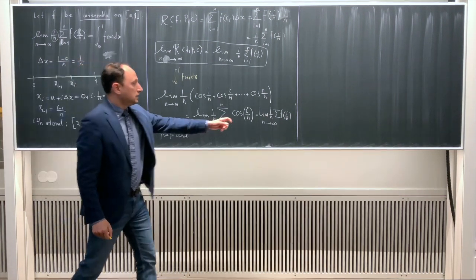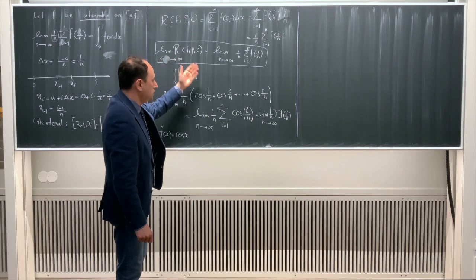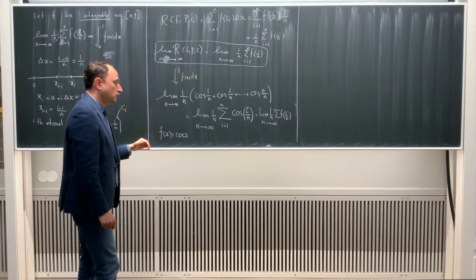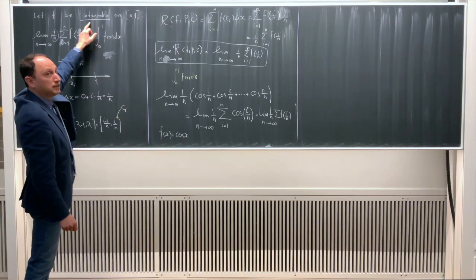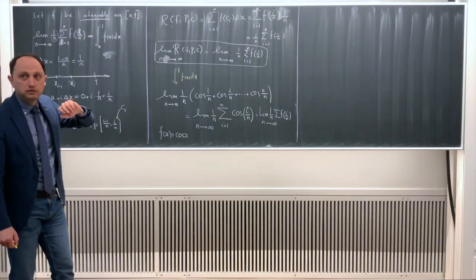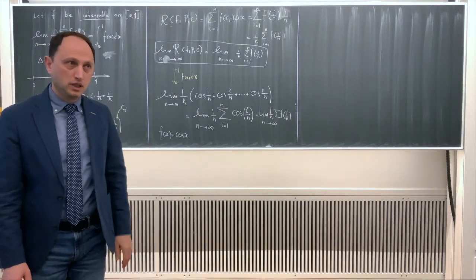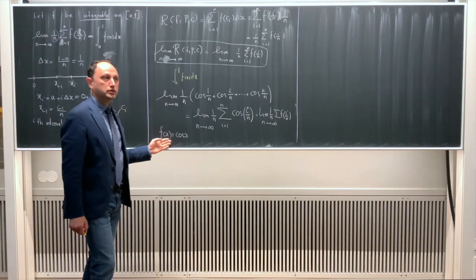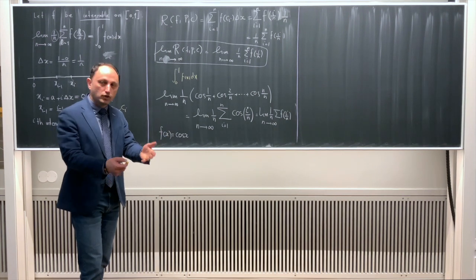And now you need to use this formula. But before using the formula, you have to motivate why you can use it. You have to motivate that the function is integrable, and the main tool in your hand is continuity. So is this function continuous on 0 and 1? The answer is yes.